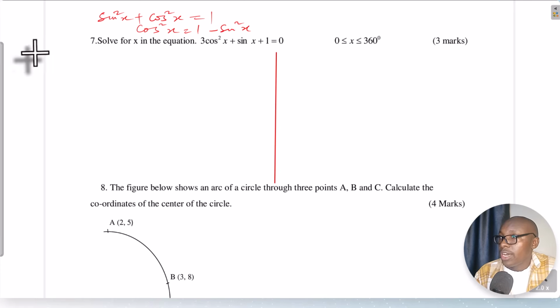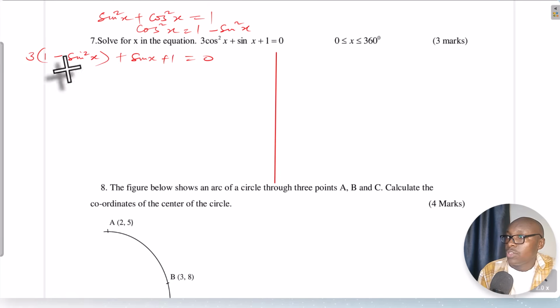When you substitute that, you'll get 3 times (1 minus sine squared x) plus sine x plus 1 is equal to 0. Opening the brackets, you get 3 minus 3 sine squared x plus sine x plus 1 is equal to 0.